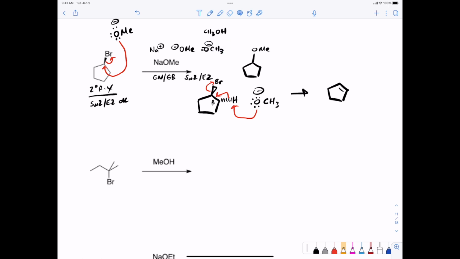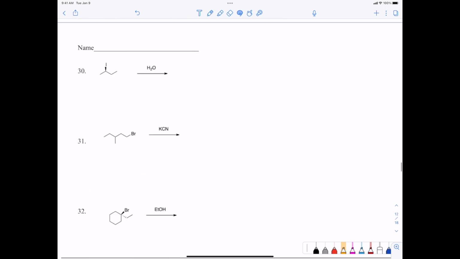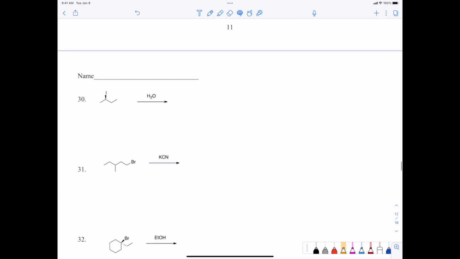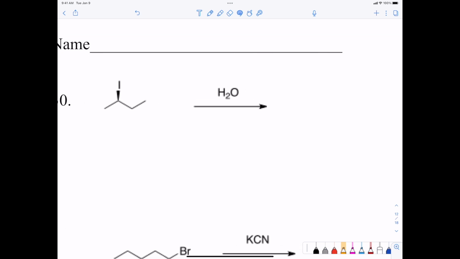Maybe we'll just do that. Okay, I want to do an example where there's some stereochemistry. You've got a secondary alkyl halide, and you have a nucleophile that is a weak nucleophile and a weak base.